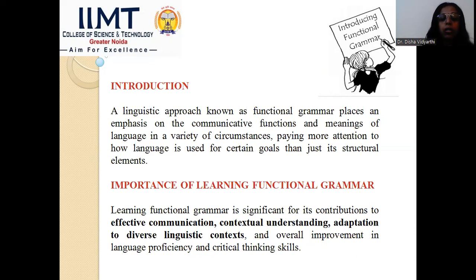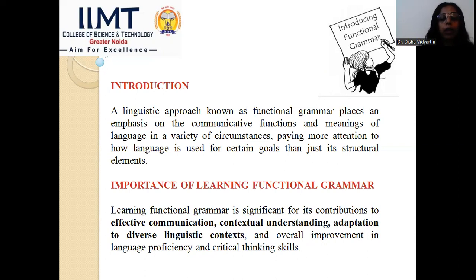It means it is not just the structural value of the grammar which we see in the traditional or the oriental grammar structure, studying the rules and how sentences are structured based on the tenses, word formulation, sentence formulation, and different kinds of rules, which we see in mathematics as well.